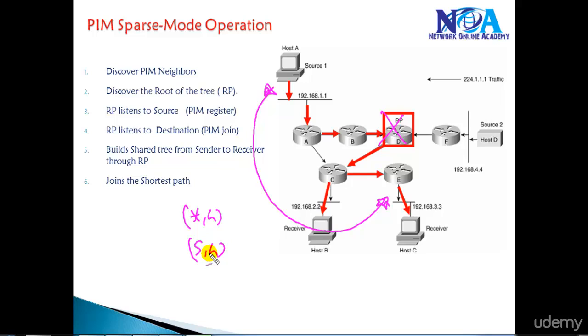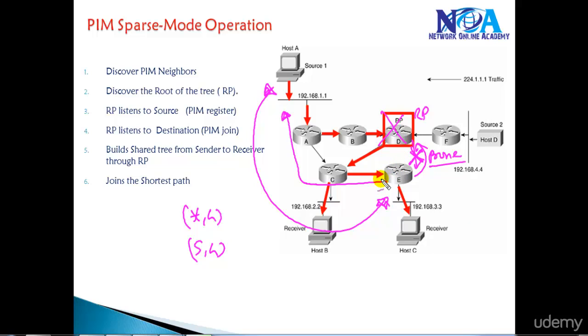Once it shifts to the shortest path, the receiver router is going to send out a prune message to the RP, saying, hello RP, now I have a best path to reach the particular source. It tells the RP to remove this interface from the list, so that it doesn't need any multicast traffic via the RP, because it has found the shortest path.